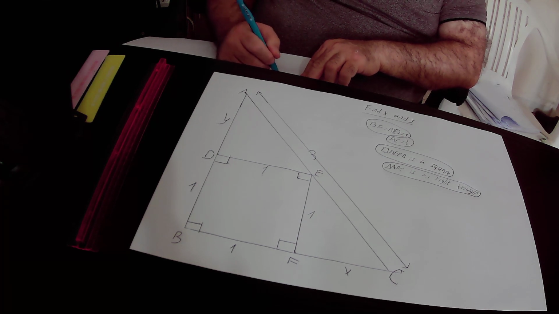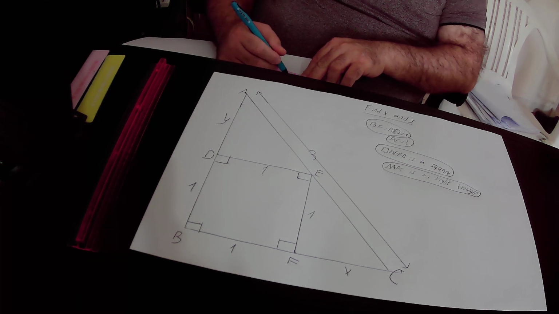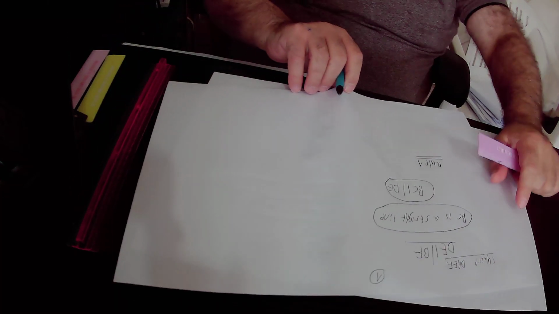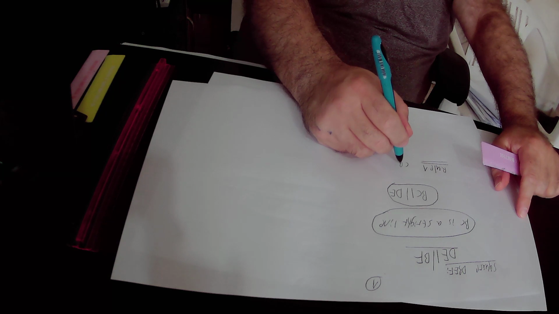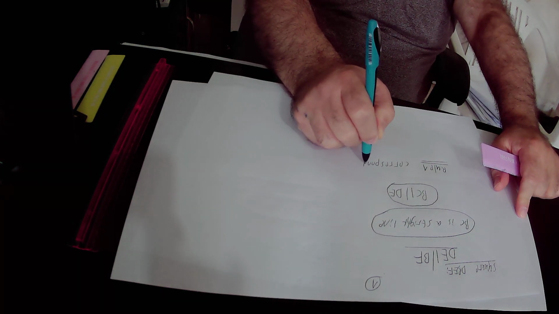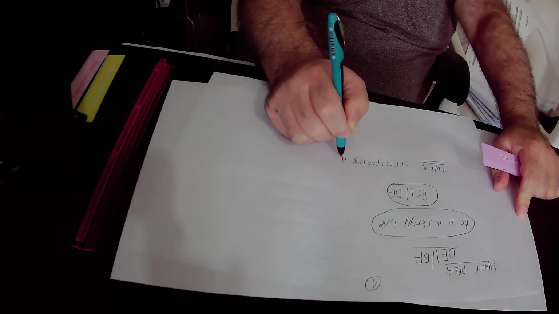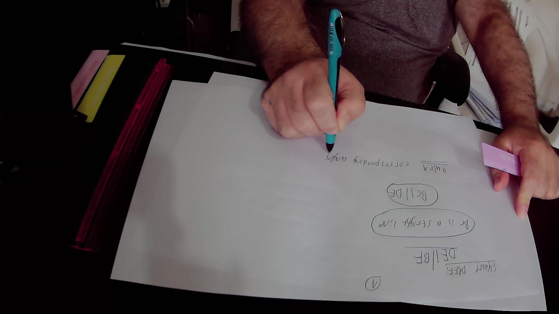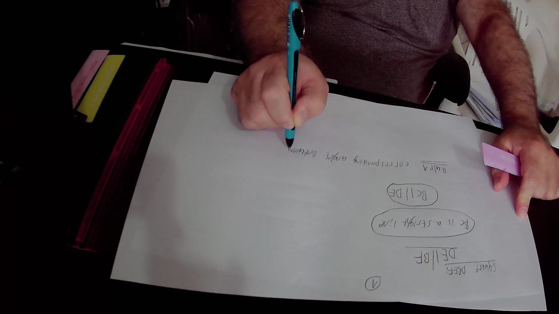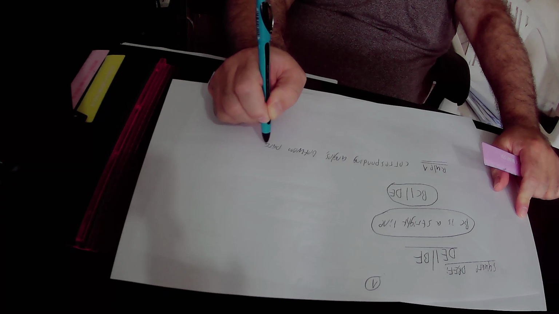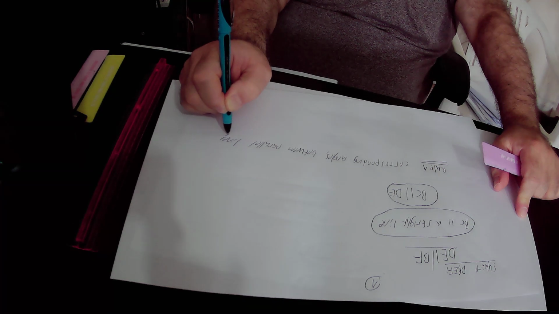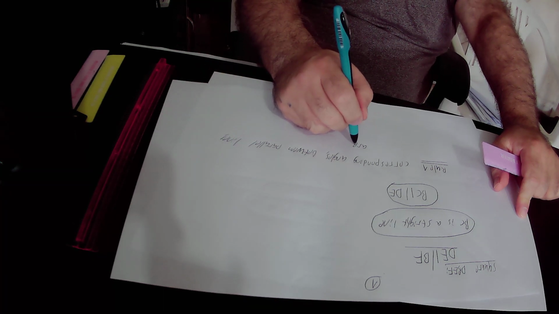that corresponding angles between parallel lines are equal to each other. I write it down. According to rule number 1, corresponding angles between parallel lines are equal to each other.